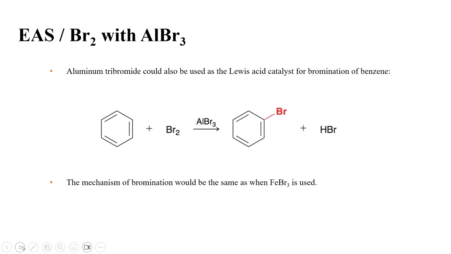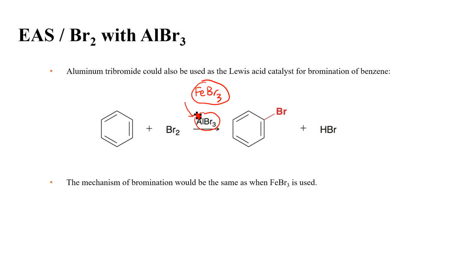All right. So, we can do other electrophilic aromatic substitutions with different Lewis acid catalysts. We just saw FeBr3 as an example. You can also use AlBr3, which is aluminum tribromide, right? So this is iron tribromide.